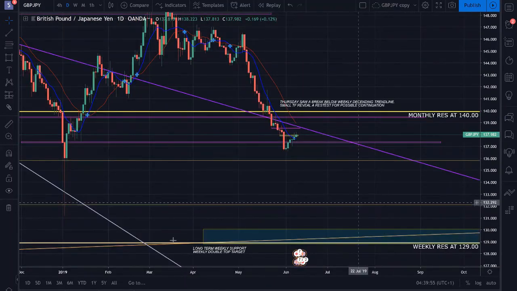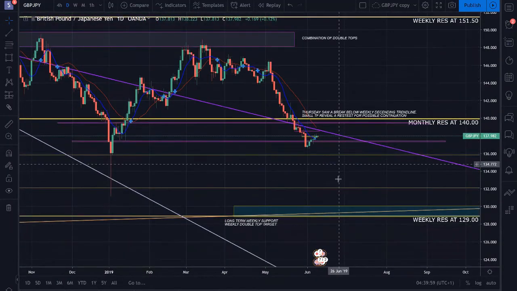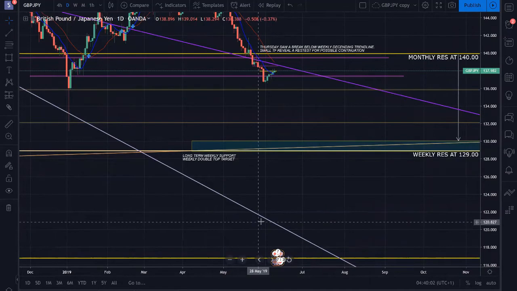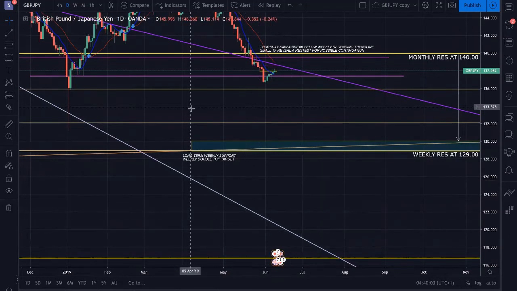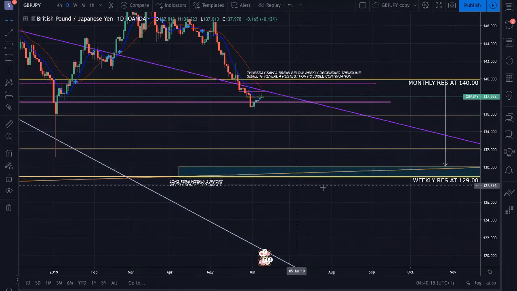So the pound, right now we are in between the outer trend line and long term. To keep this simple, guys, I'm expecting us to come down and find support at 129. And then we're going to have to assess things from there. So I am looking for more of a descent down to 129.